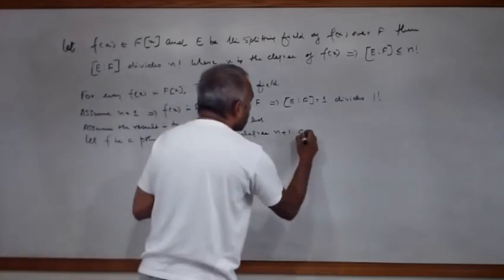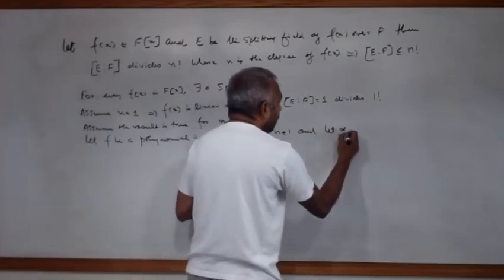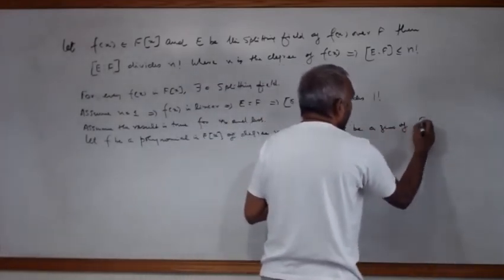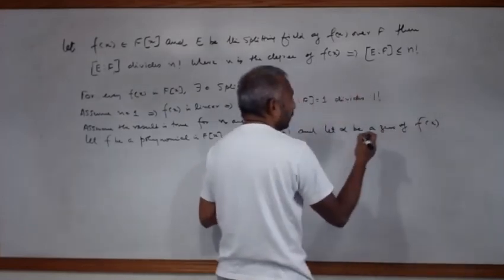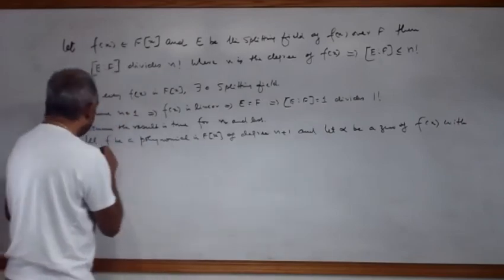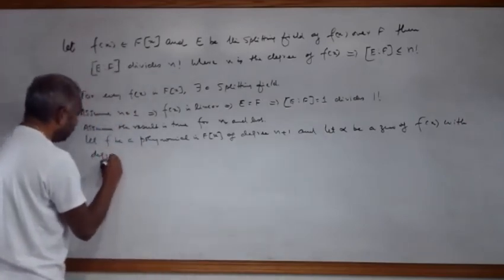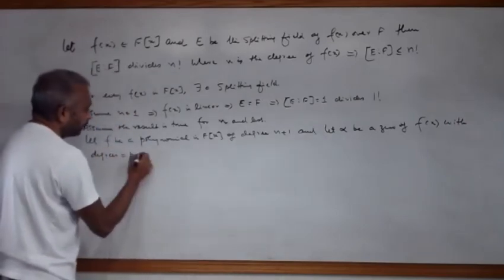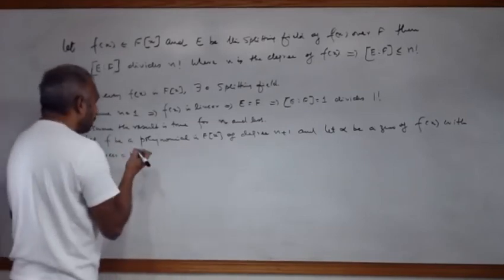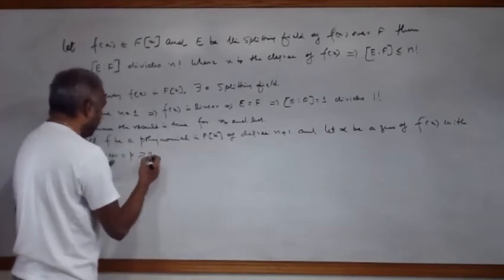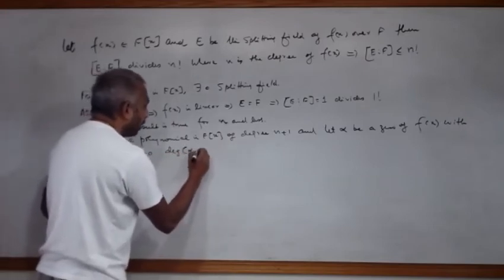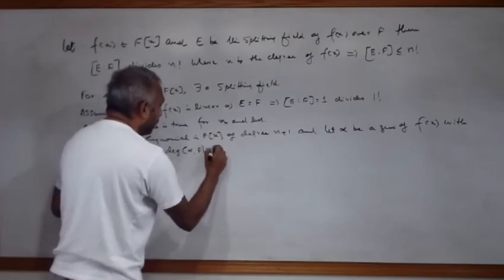And let alpha be a zero of f of x with degree equal to p, which is greater than 0. Or you can say degree of alpha over F is equal to p.